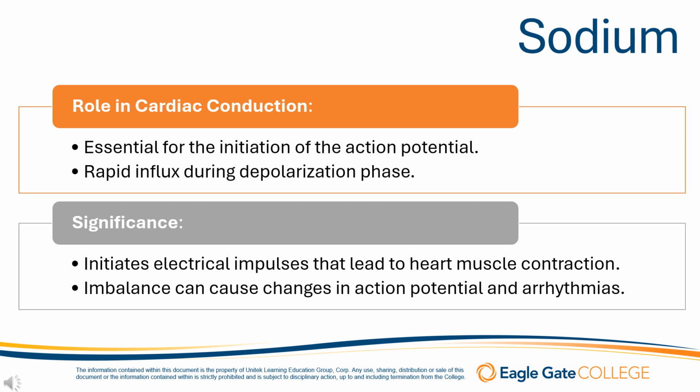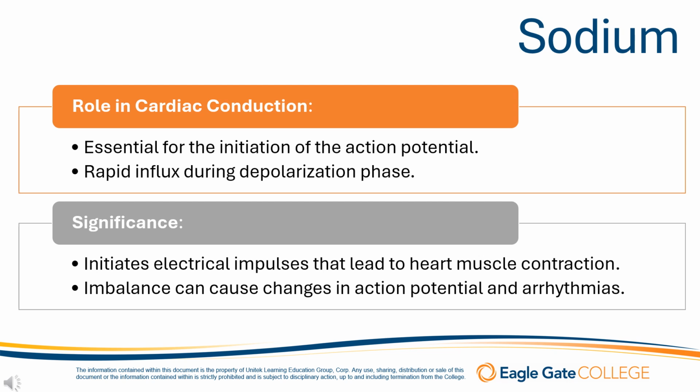The process begins with depolarization, where the normally negative interior of the cell becomes positive. This change in charge is initiated by the rapid influx of sodium ions into the cell. During the depolarization phase, voltage-gated sodium channels open, allowing sodium ions to rush into the cardiac cells.